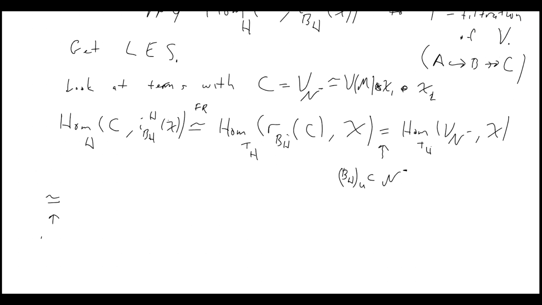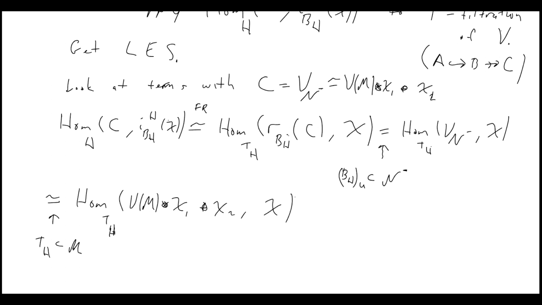This TH is contained inside of M. That's the center of M, in fact. And so we know that this is V N minus, where the center is acting trivially, chi1 plus chi2.